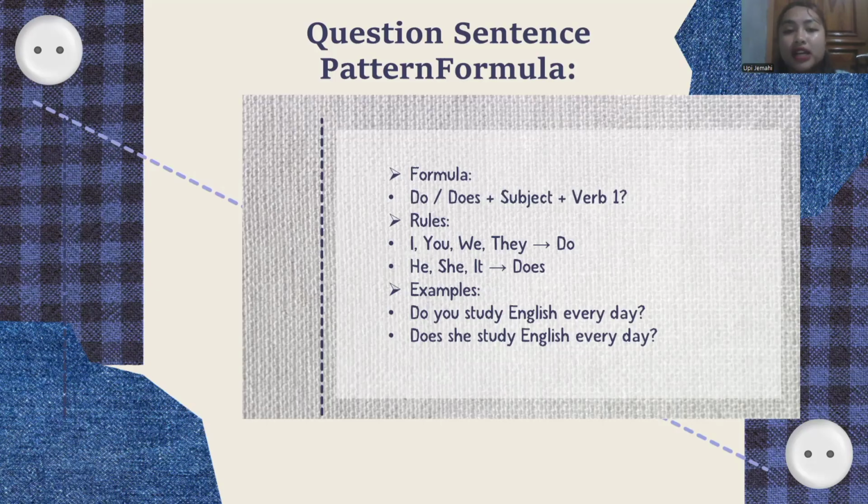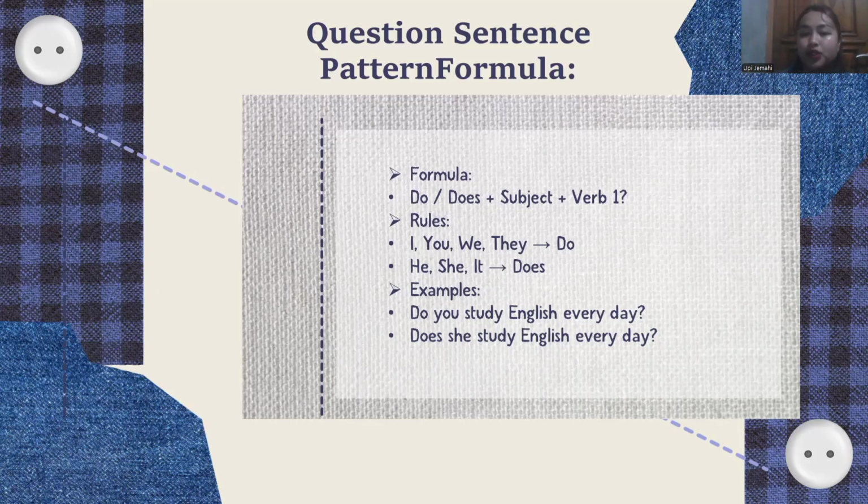The pattern of a question sentence is do or does plus subject plus verb one. For example, do you study English every day? And does she study English every day? You can see the formula and the rules in the slide. These examples are used because they are simple and also academic.